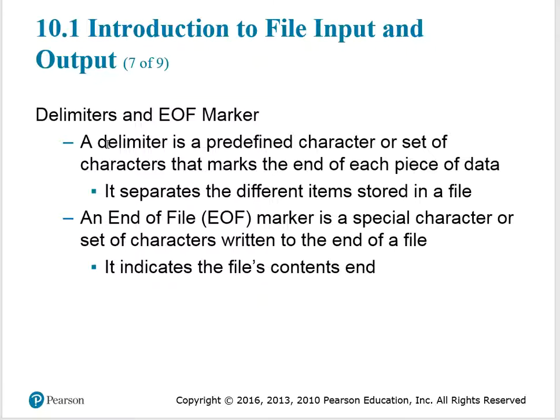The purpose of this is to separate the different items that are stored in a file. The exact character or set of characters used as a delimiter varies from system to system. EOF, on the other hand, indicates where the file's contents end. The character used as an EOF marker also varies between systems.